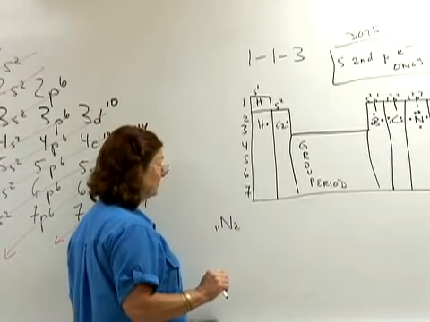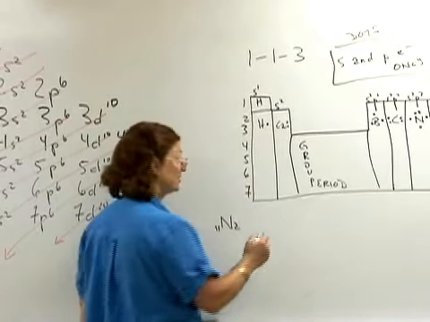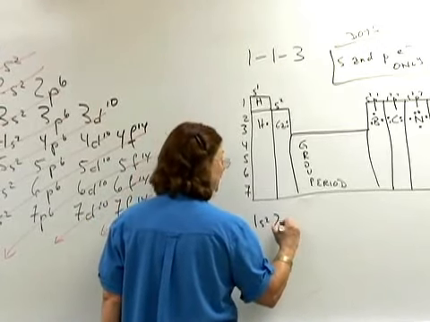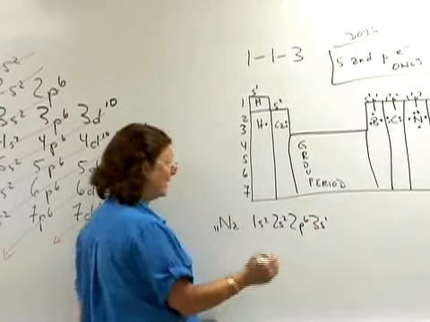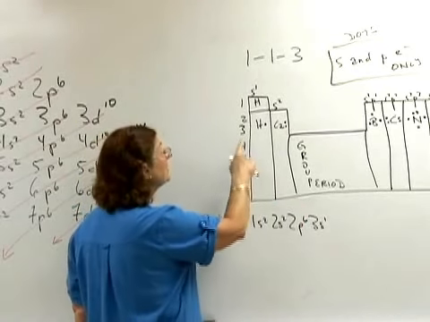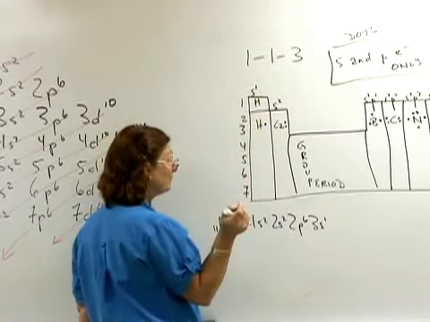It's not charged here. I write out the complete electron configuration: 1s2, 2s2, 2p6, and 3s1. Indeed, it is on the 3rd energy level, and it is in the s1 column.